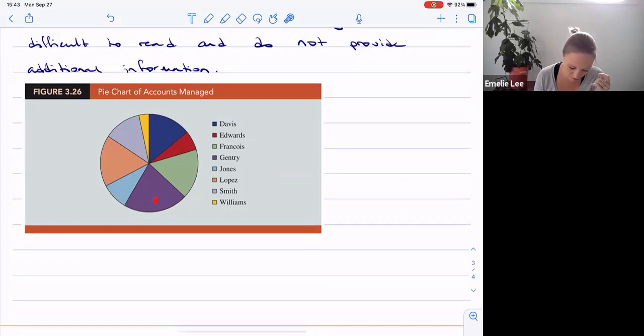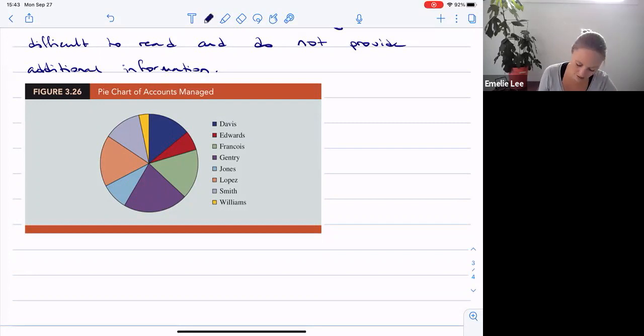I'd say it's a toss-up between this purple slice, Gentry, and potentially Lopez. And if you're colorblind, you're going to have a hard time here. That's also something we need to keep in mind. It's hard to differentiate between these colors, especially because we have so many colors. I'm having a real hard time figuring out which slice is the largest.